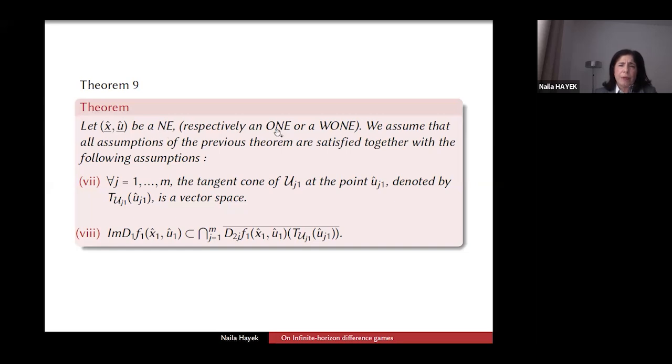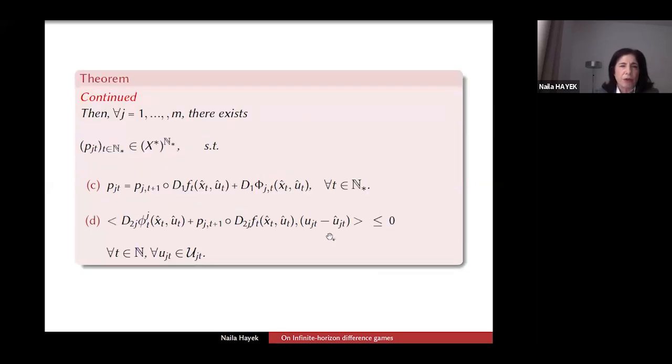If I have a Nash equilibrium, an overtaking Nash, a weak overtaking Nash, and with the previous assumptions, if I add to it that for all j, the tangent cone of U_j,1 at the point u_j,1 is a vector space, and if I have this a little complicated technical condition, then I can conclude that the lambda_j for every j will be non-zero and that there exists an infinite sequence in the dual of X, of the Banach space, satisfying the conditions that are here: the adjoint equation, Hamiltonian, the weak Pontryagin principle.